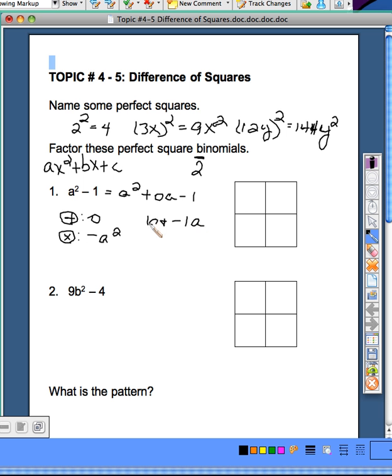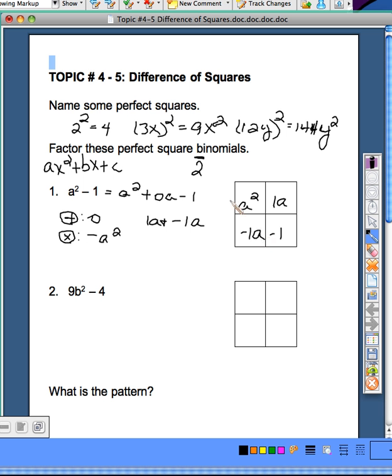And that will add to be 0a. So let's go through and factor this just with our box like we did. We put a squared here, minus 1 here, and to get this 0 we had to figure out what these were. We have 1a and minus 1a.